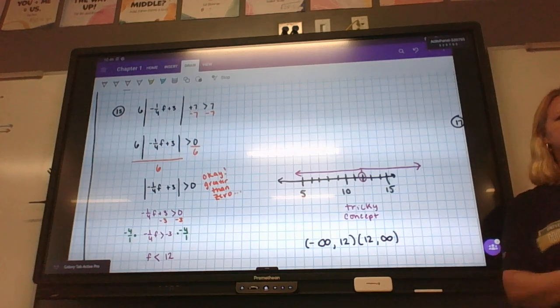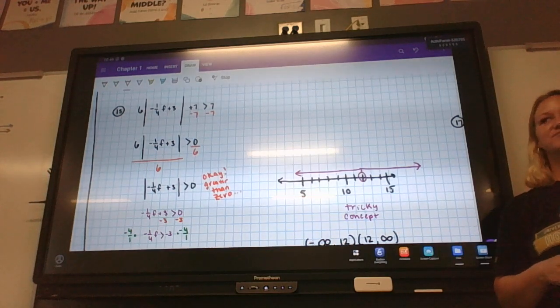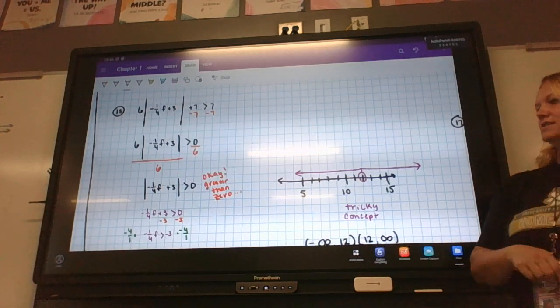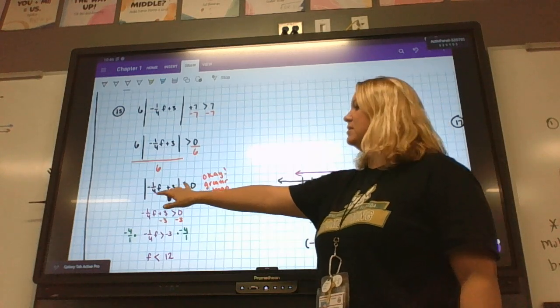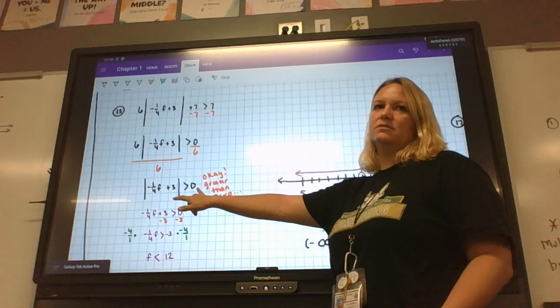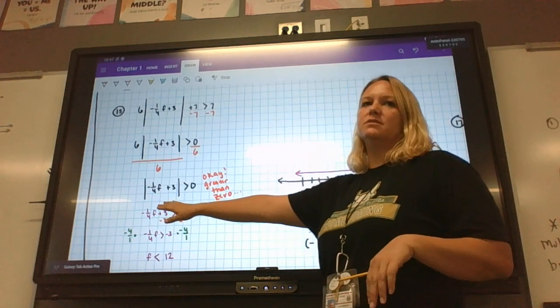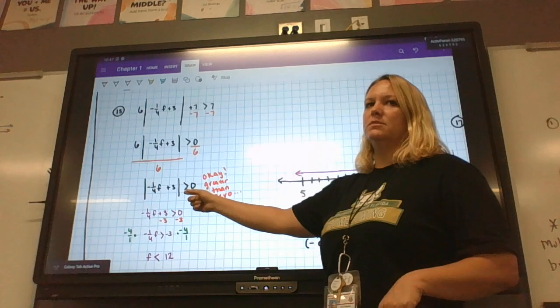Tricky concept. So we're talking about distance, right? And this is saying distance is more than 0, and positive numbers are more than 0. So I'm tempted to say it's all real numbers. And if there was an equal to bar here, I would say it's all real numbers.